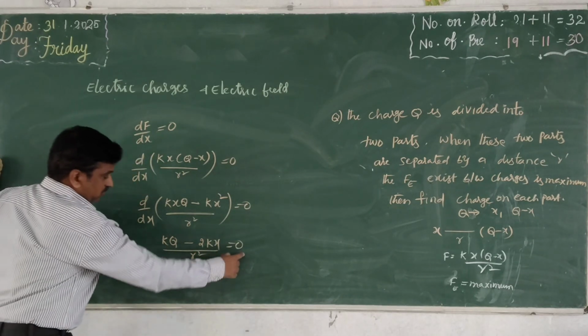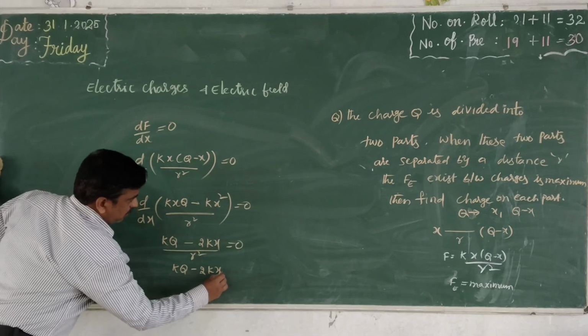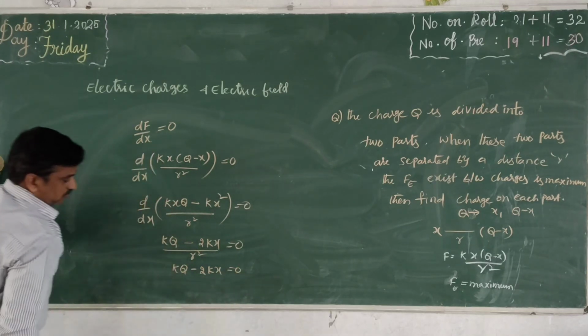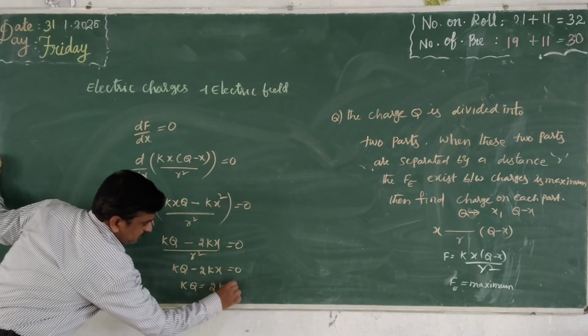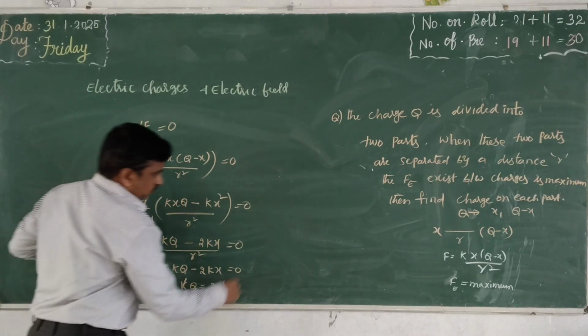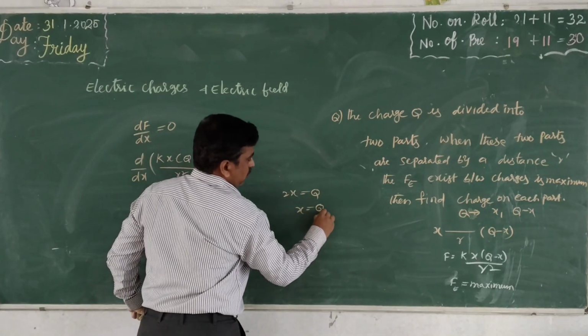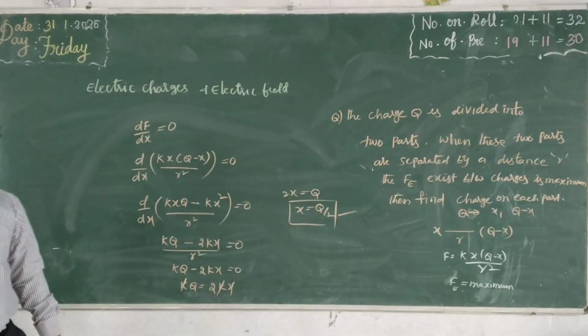This r square changes to this side, so kq minus 2kx equals 0. See, kq equals 2kx, k cancels, so 2x equals q, x equals q by 2. What is each part now? q by 2. Charge on each part is q by 2.